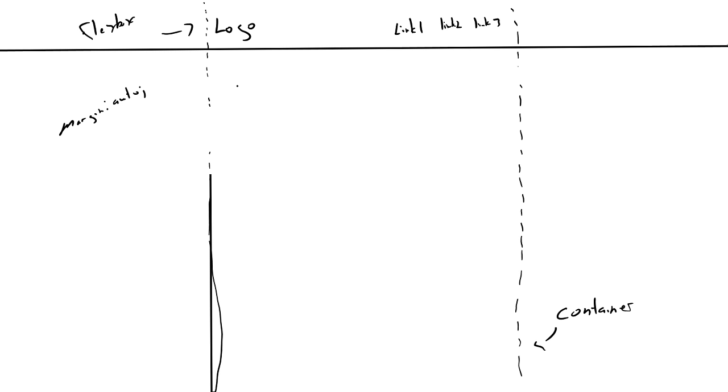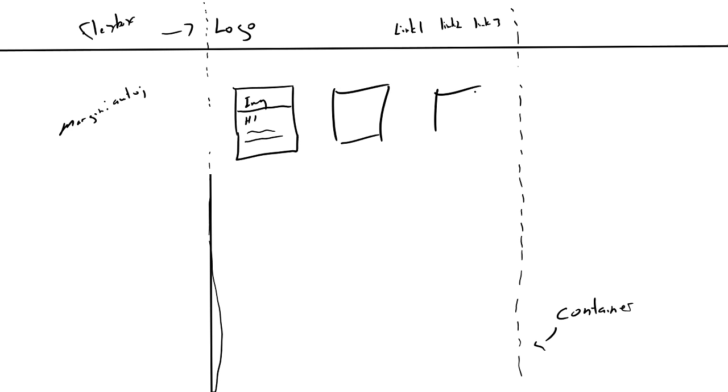And then we're going to have a bunch of cards, and we're going to have a grid. So we'll make these cards. There'll be some sort of image up here, some sort of text that'll be an H1, and then lorem ipsum. Then we can have multiple.